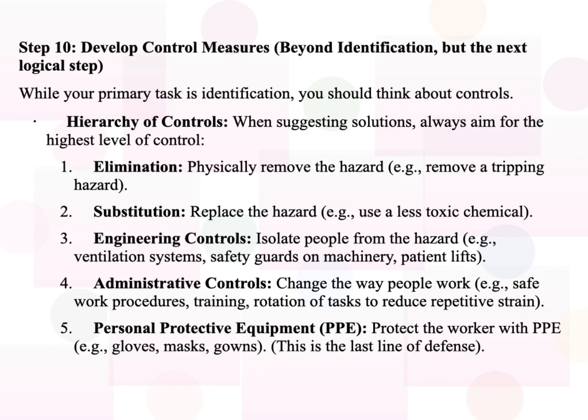Number 4, administrative controls. Change the way people work, for example safe work procedures, training, rotation of tasks to reduce repetitive strain. Number 5, personal protective equipment, PPE. Protect the worker with PPE, for example gloves, masks, gowns. This is the last line of defense.